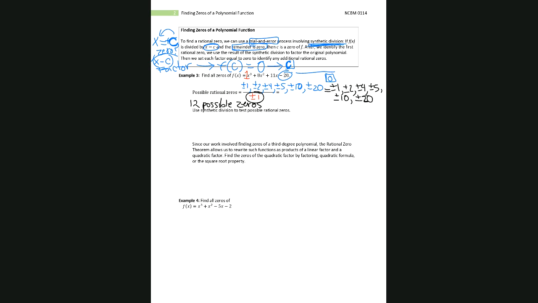Okay, now on this graph, I could see clearly that the polynomial crosses the x-axis at x equals -4. That one is for sure. Also, I could see clearly as well that it crosses at +1.